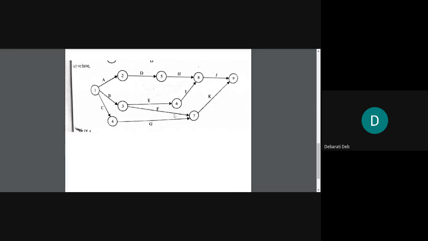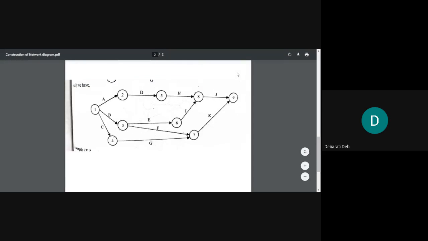So you stretch the line, wipe off the arrow, then stretch the lines of F and G and make them meet at a point, and from there you will start K.